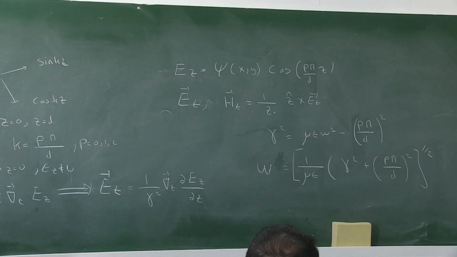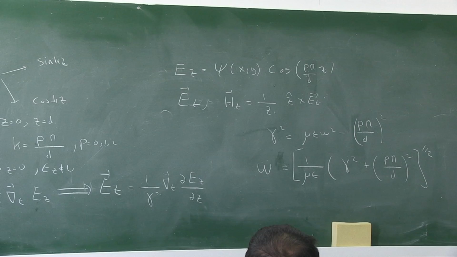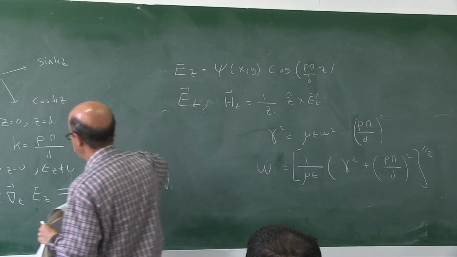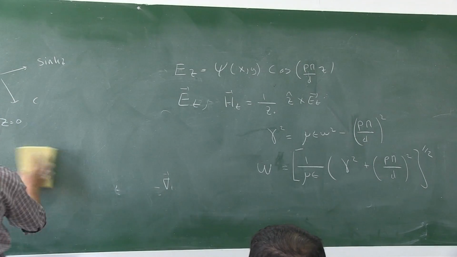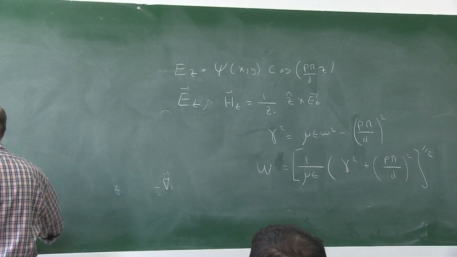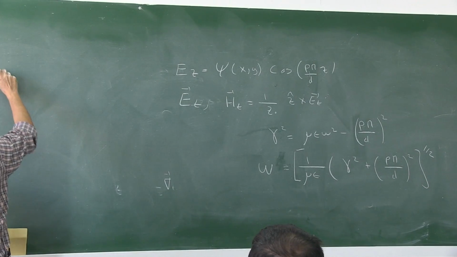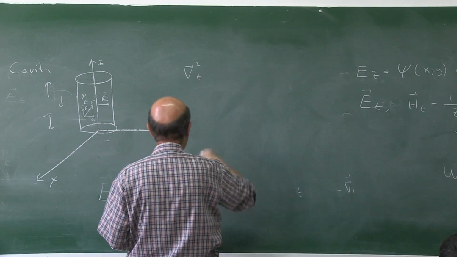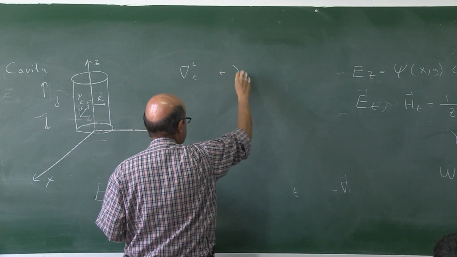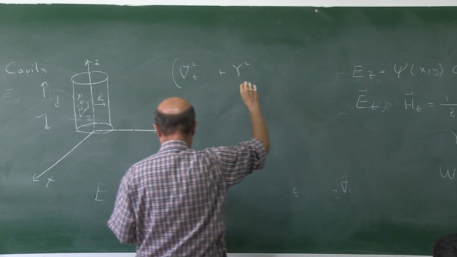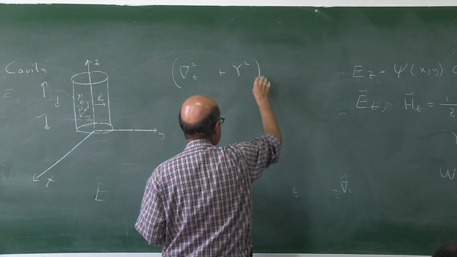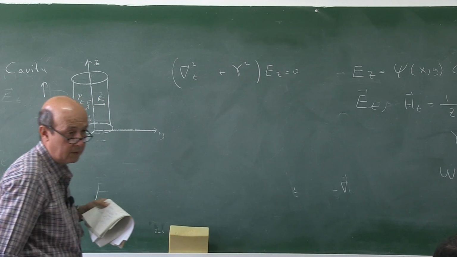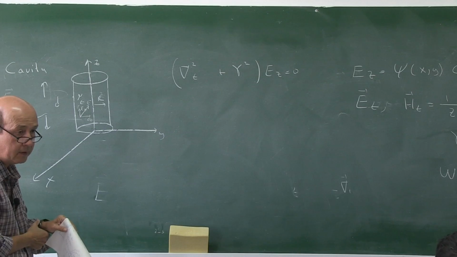If you remember, the wave equation was the following: Laplacian of transverse plus gamma square, for the TM mode, we have Ez equal to 0. Okay?